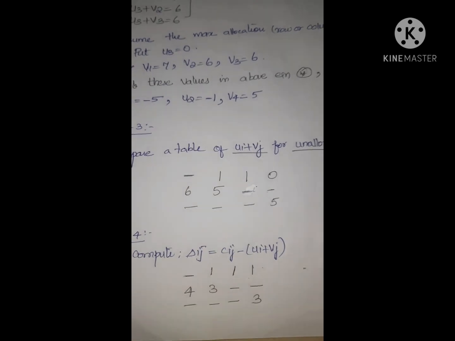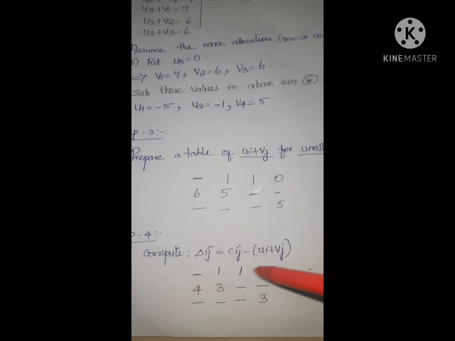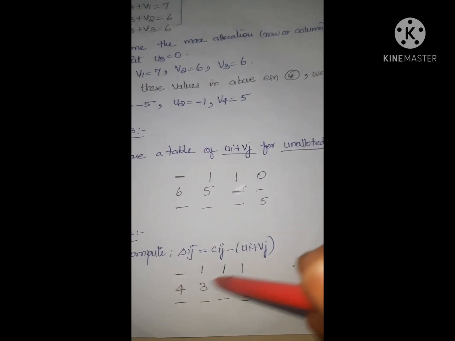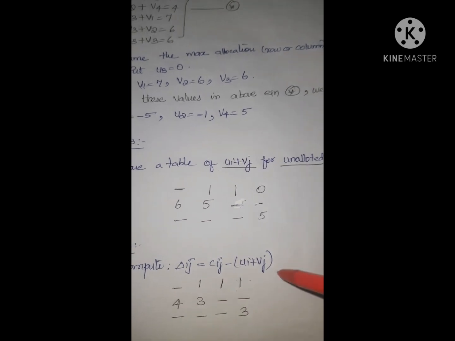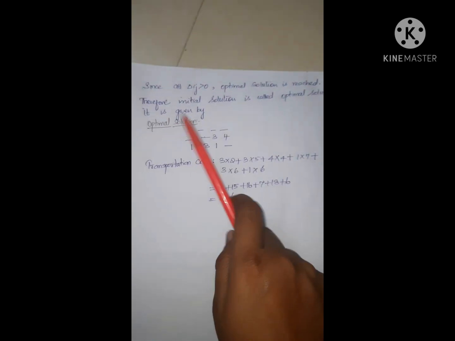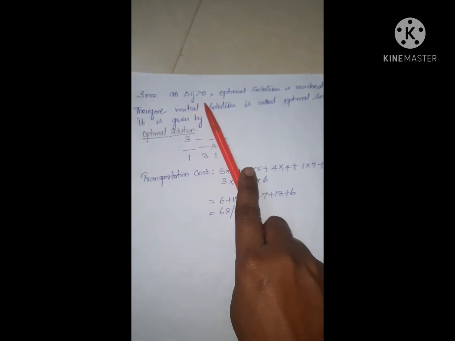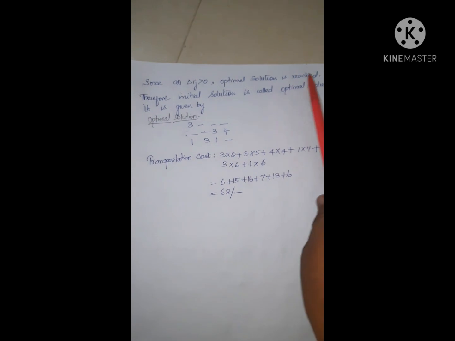So in our example, in the step 4 table, delta ij has every value as a positive number greater than 0. Therefore, the optimal solution is reached.